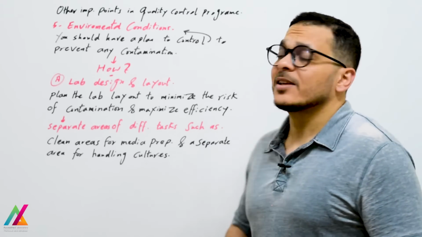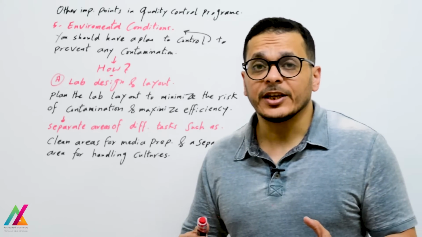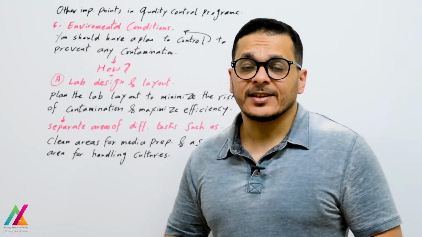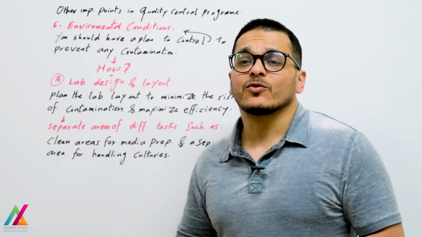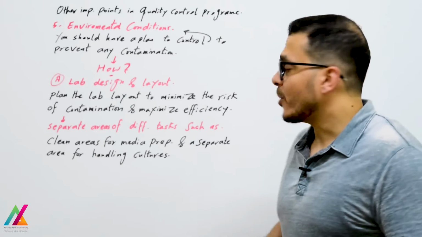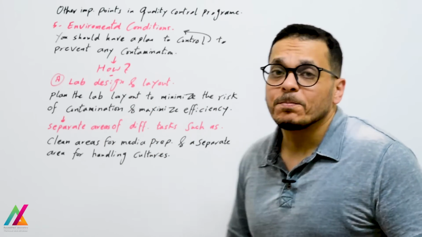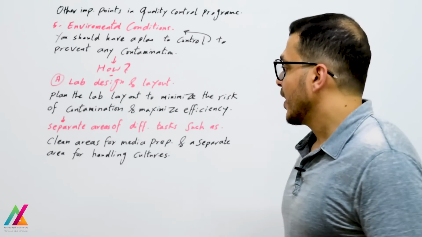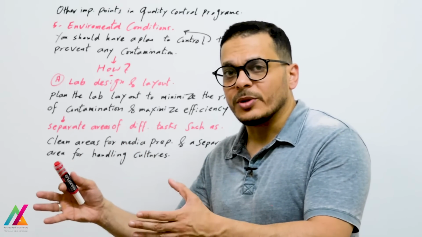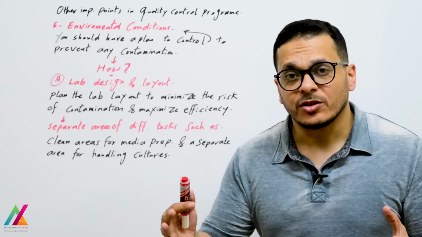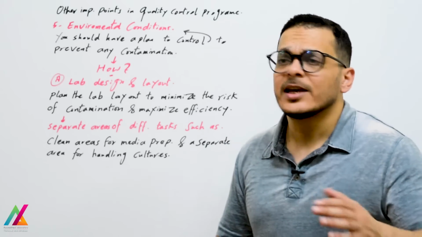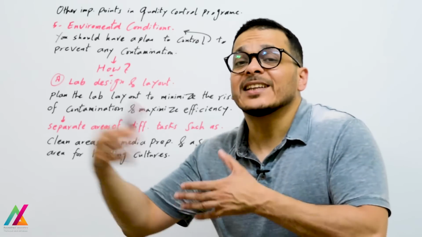First point, lab design and layout. The layout from the beginning shall be prepared to prevent or minimize contamination inside the lab and maximize efficiency in every place in the lab. So plan the lab layout to minimize the risk of contamination and maximize efficiency, such as separate areas for different tasks. Homogenization of sample will be in one place, media preparation in another place, preparation of samples for analysis in another place, dilution in another place, equipments in different places.